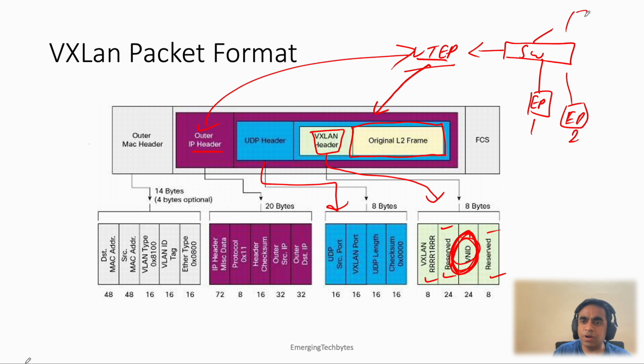That means the node after this will not load balance. We had seen this problem with GRE, and with MPLS there were some hacks used, like entropy labels. I'm not going into that complexity for now.